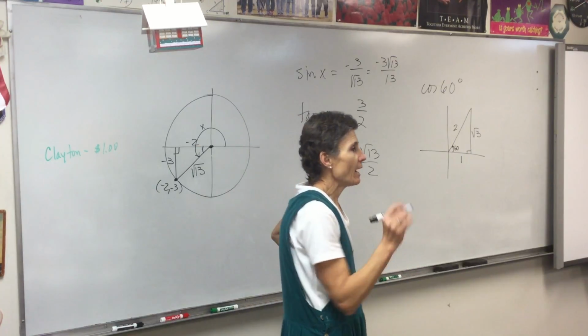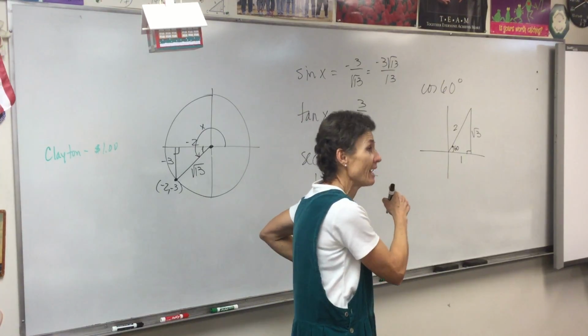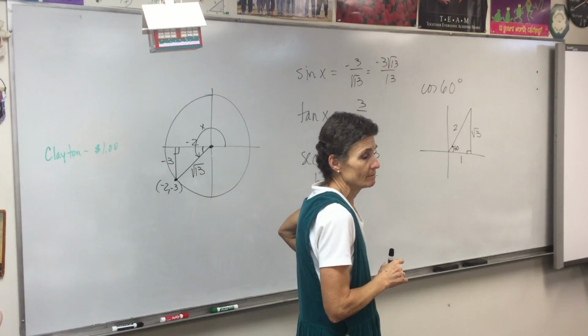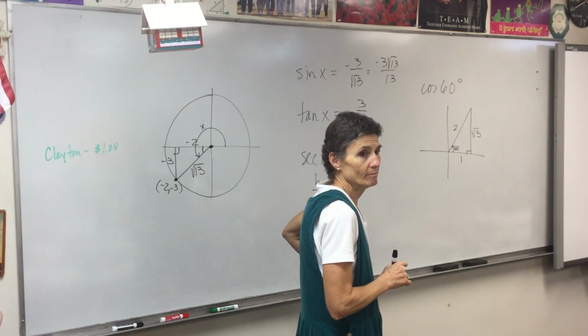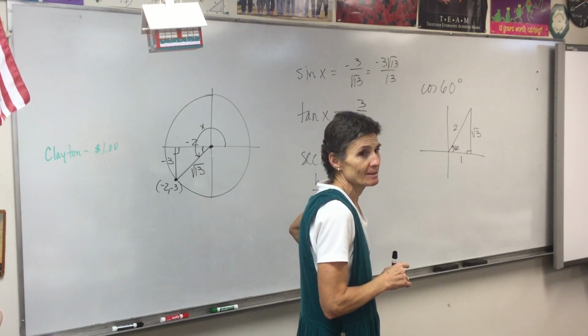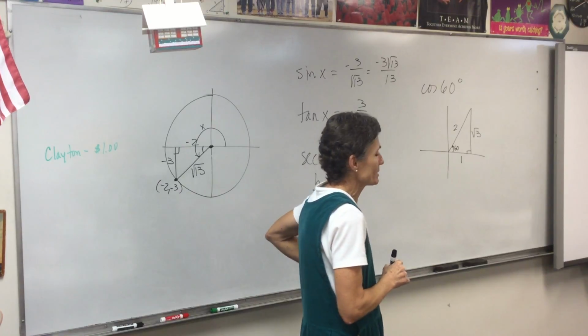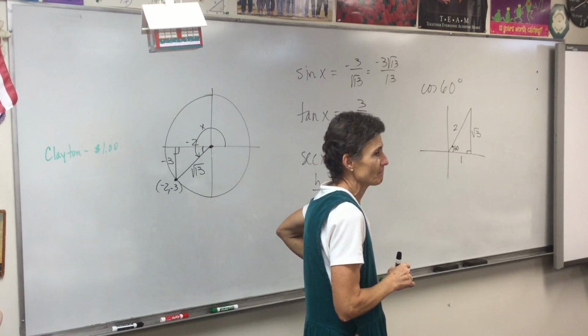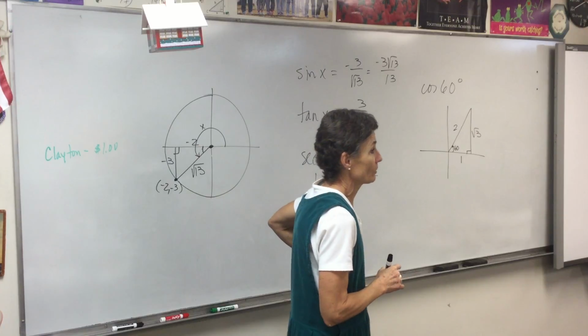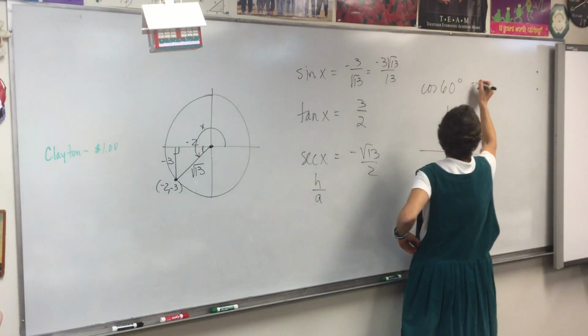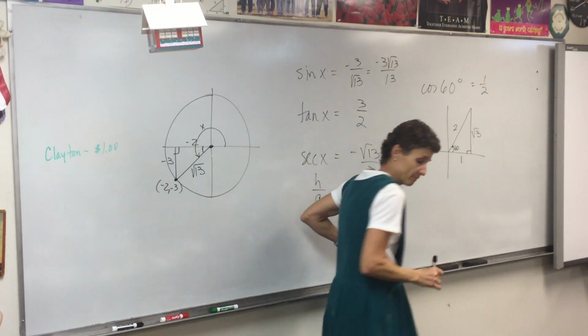I don't know how else to say it, but you've got to have that memorized. I was saying it, but I wasn't listening. That happens sometimes. All right, what's the cosine? Cosine is adjacent over hypotenuse, so the answer is 1/2.